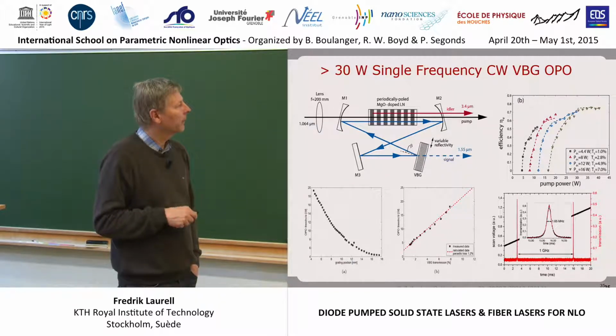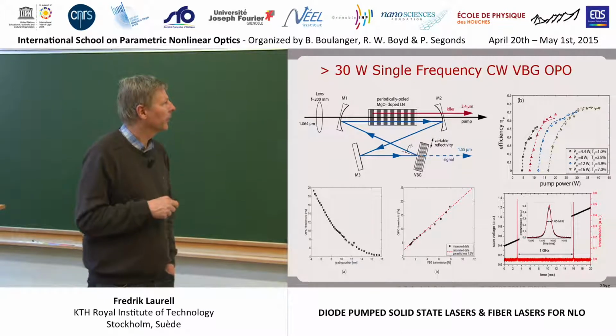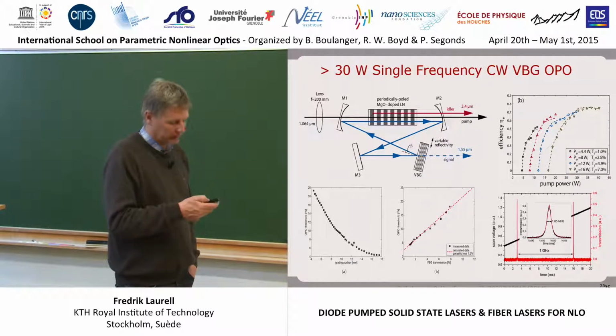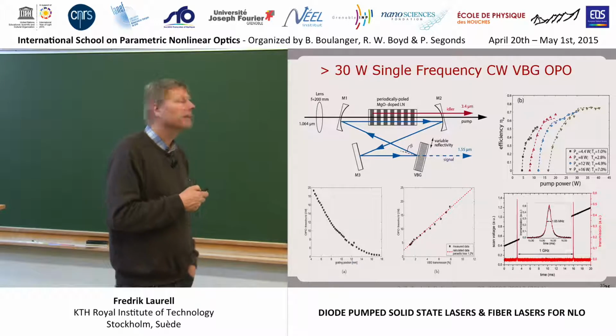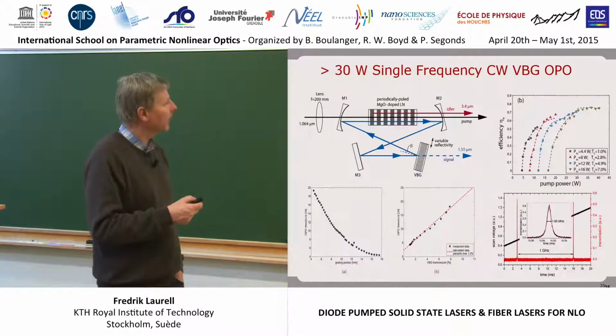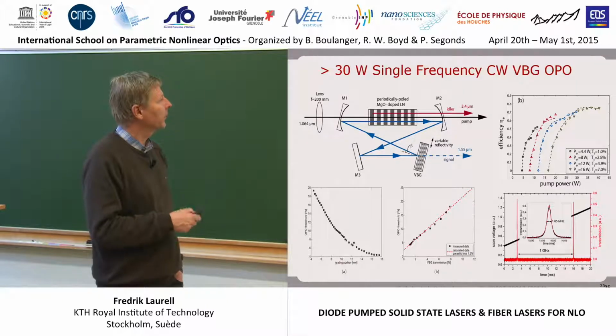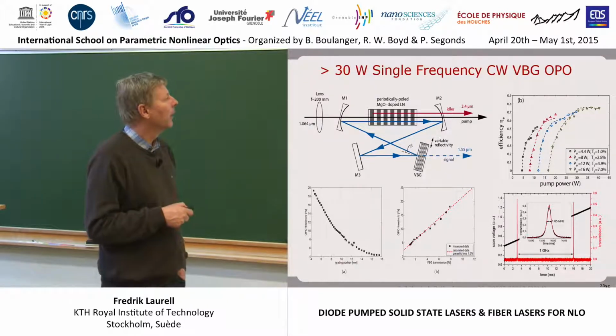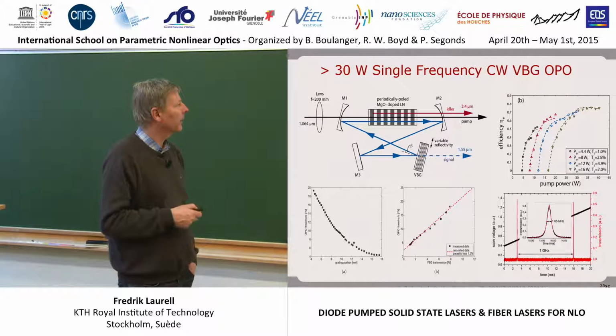This is then a tool for various spectroscopic applications. Then we also built this one with the chirped grating, and then we could get nice tuning, but not at the same power level.